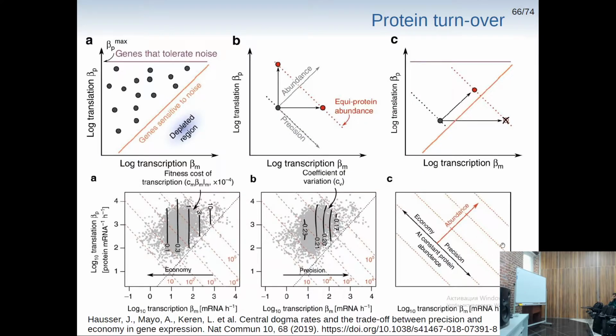Also, what is interesting here is that we can plot such a line of equiabundance, the same level of protein, but the cell can either have a lot of synthesis and a lot of degradation and a lot of control on the concentration of this protein, or the cell can be more economical, provide only some mRNA and have a lot of translation from this mRNA, and of course it will be possible to control it in an efficient way.